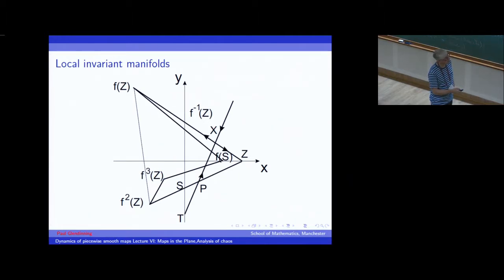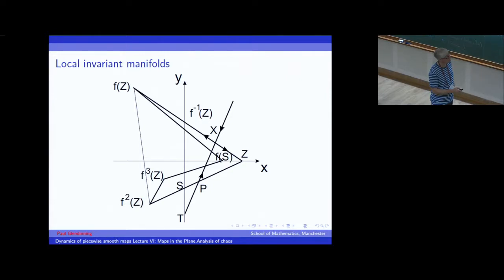This point here will map onto the same line, because it's an eigenvector, but further away than here, because it's unstable. So it will map somewhere up here. In other words, the whole of this line here, under the map on the right, will map to the whole of that line segment there.